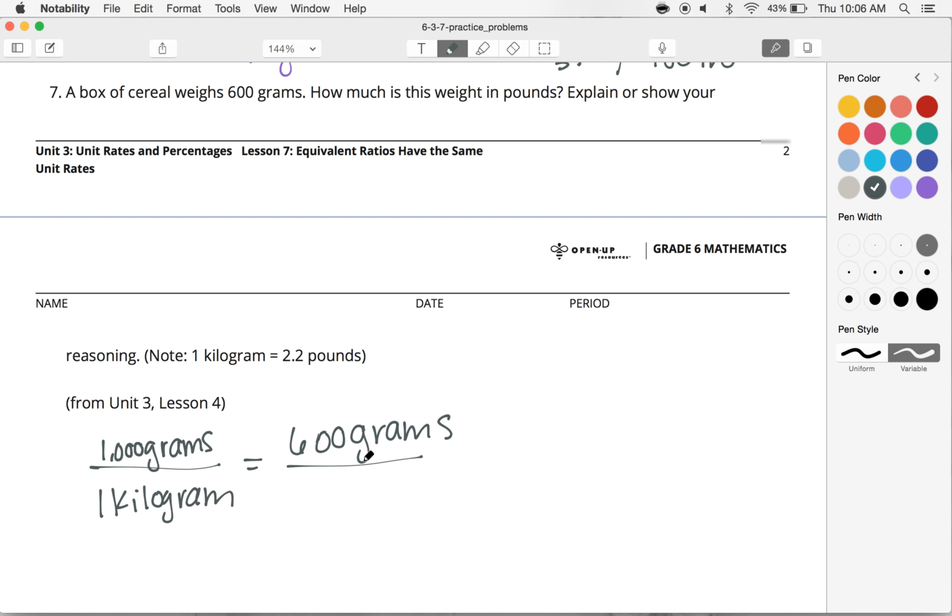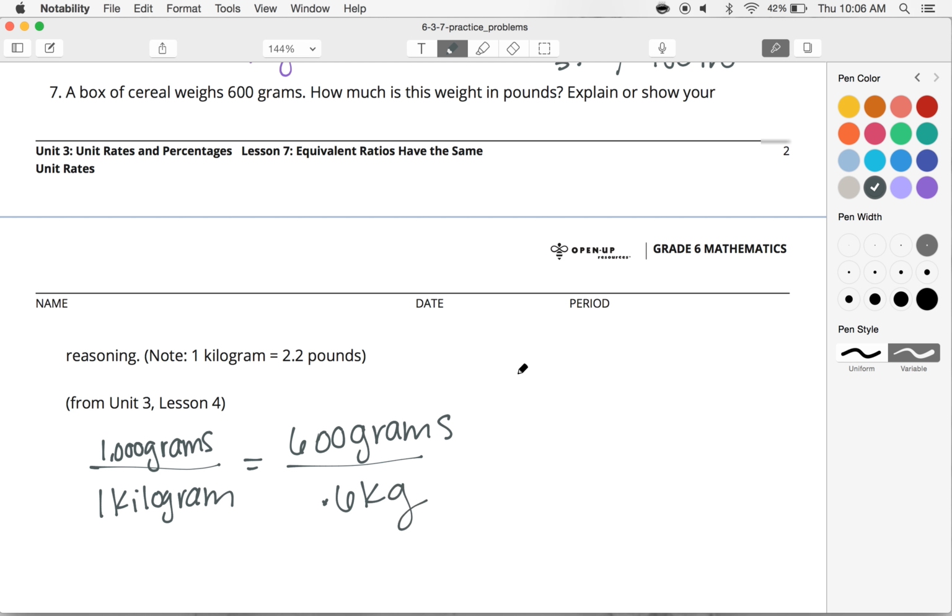So I can use this to figure out how many grams, if I have 1,000 grams, sorry, goodness, I'm a mess. If I have 600 grams and there's 1,000 grams in a kilogram, I know I have to figure out how did I get from 1,000 to 600. So this is going to tell me that I have 6/10 of a kilogram.